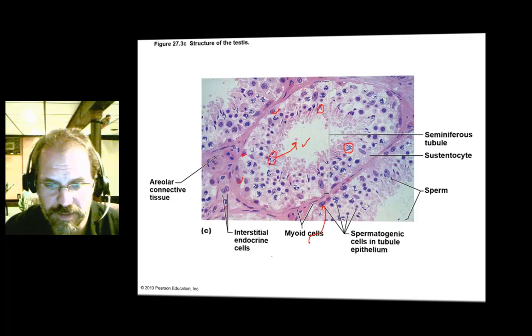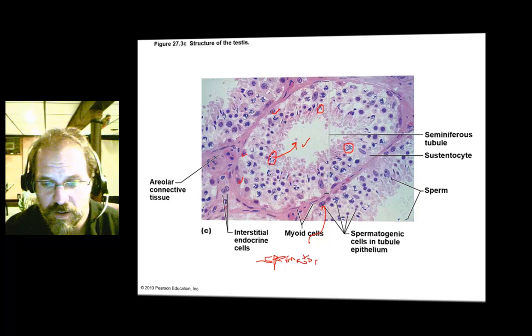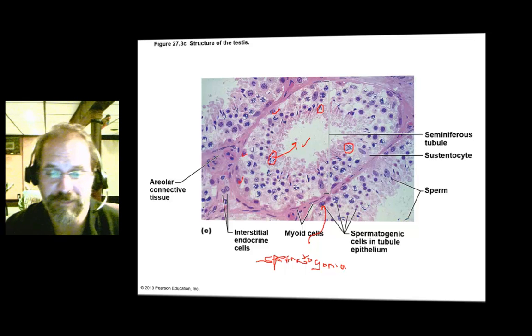I'll just write the term in here. Oops. I'm not doing a very good job. Spermatogonia. I need a stylus or something instead of using the mouse. All right, spermatogonia.